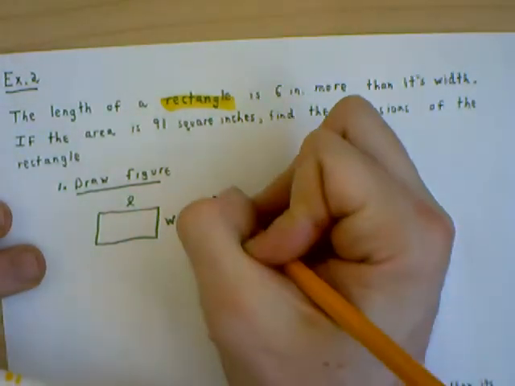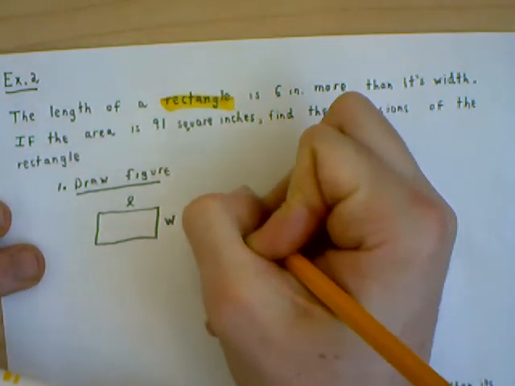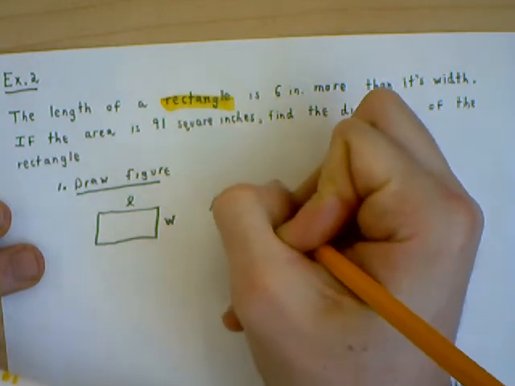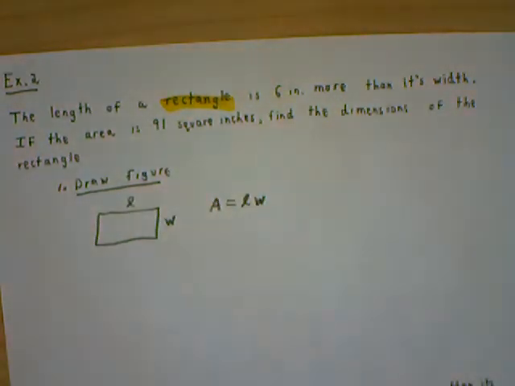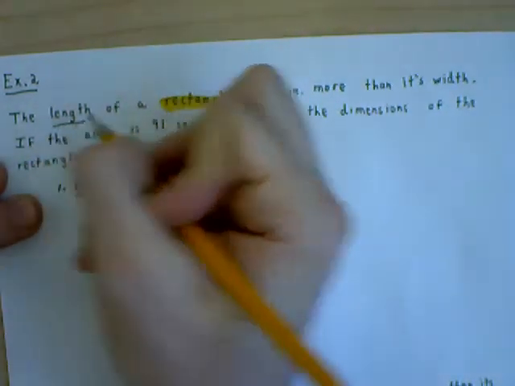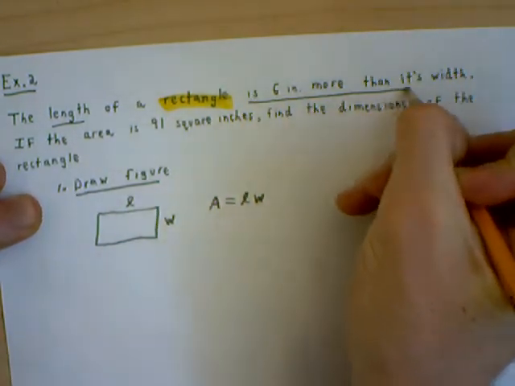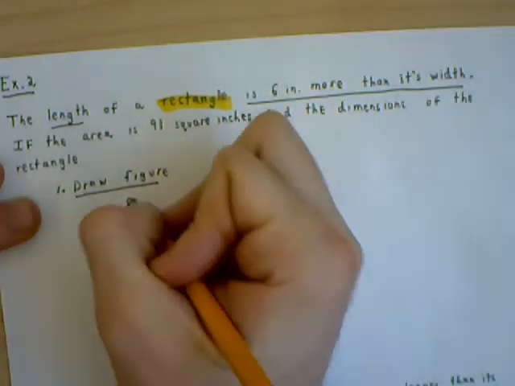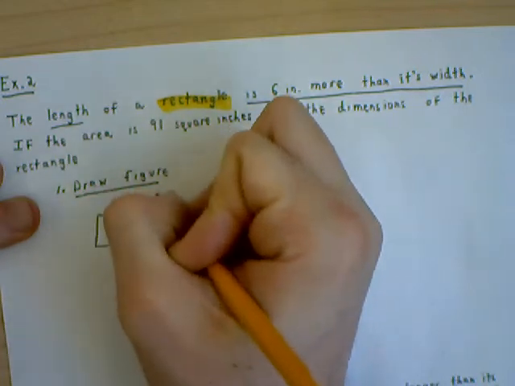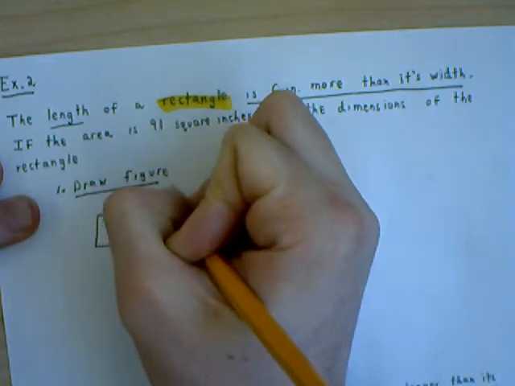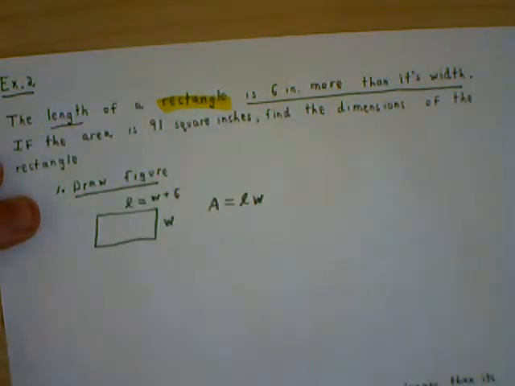We know our formula is area equals length times width. Next, it says the length is 6 more than the width. So I know my length is 6 more than the width.